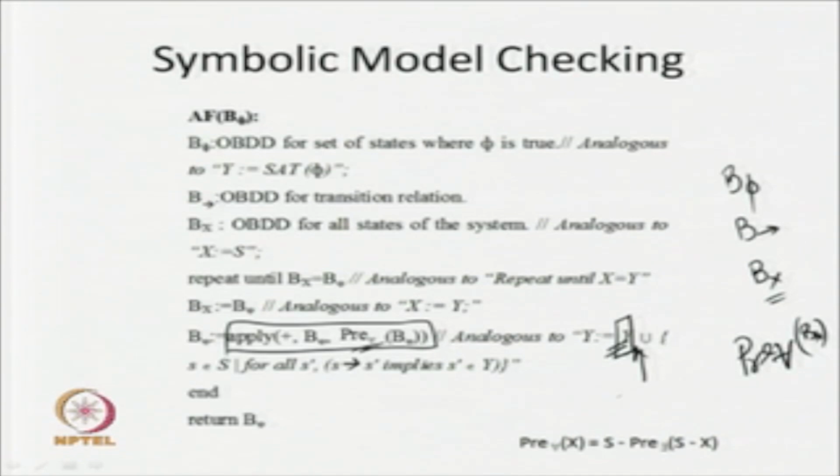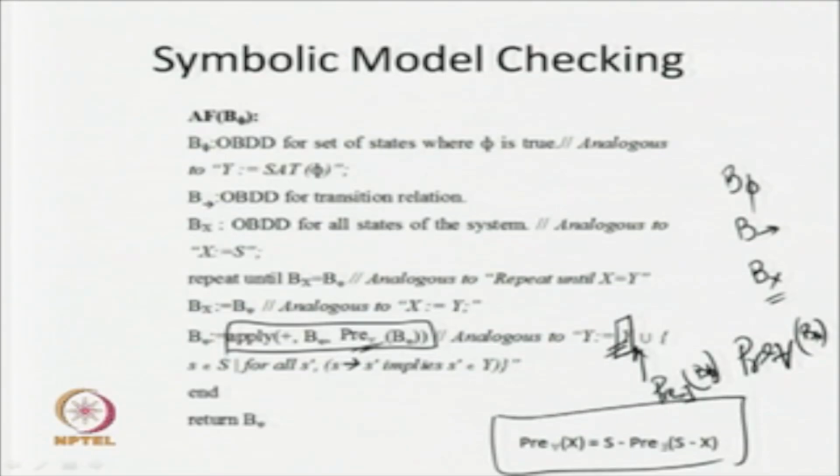Already we have seen that we have a procedure to evaluate pre exists of B phi or X. So, we will use this relationship to get pre for all X. That is why I am writing it in short over here, not the entire expression. So, we are going to look for all the predecessor states from where all the transitions are coming into this particular subset where phi is true. Okay. So, I get a new set, then again I will go back and repeat. Now, I am going to see what is the previous set of states we have.